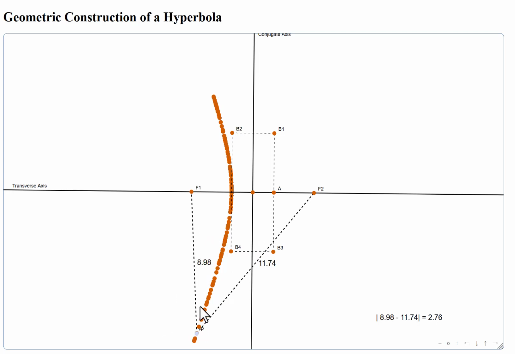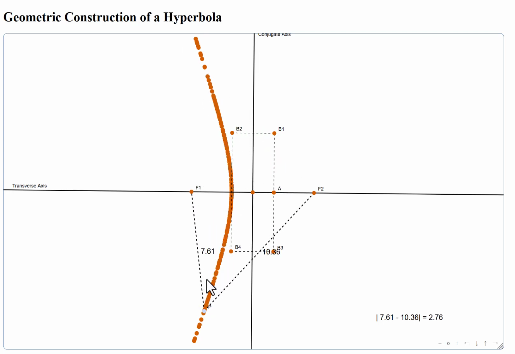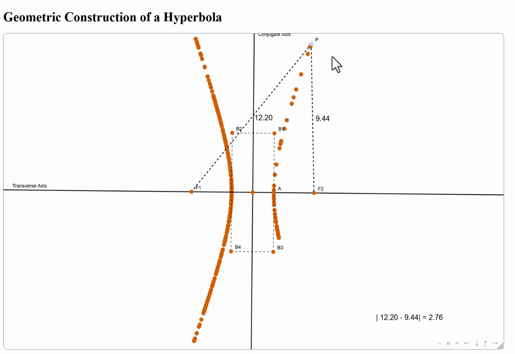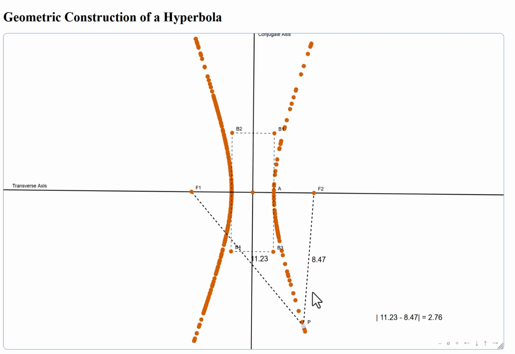So in this case, it's 2.76. And it's making that shape that looks kind of like a parabola, but there's going to be two parts to it. Now to get the other part, we have to just kind of skip over here, but notice the distance between these points over here is still 2.76.